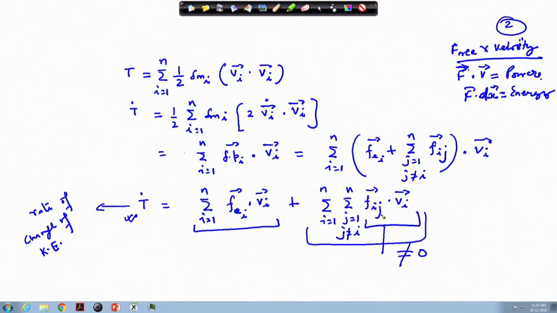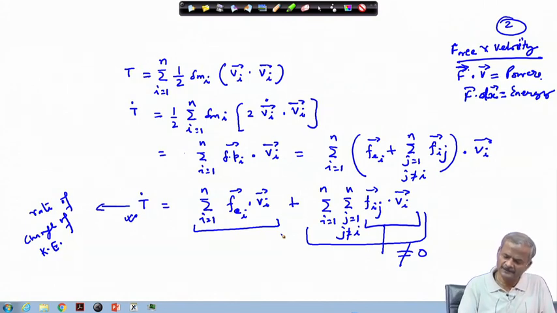So, unlike the equation of motion, the equation of energy, the rate of change of the kinetic energy, gets affected by the internal forces also. So, you need to take into account, like in the case of gases or some flexible body, where the interaction of the particles is changing the energy structure.